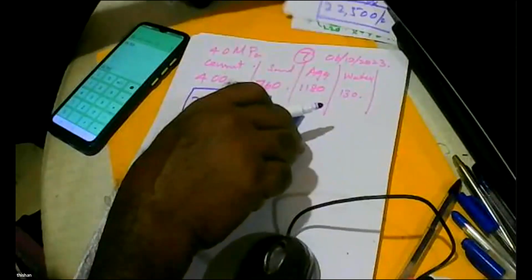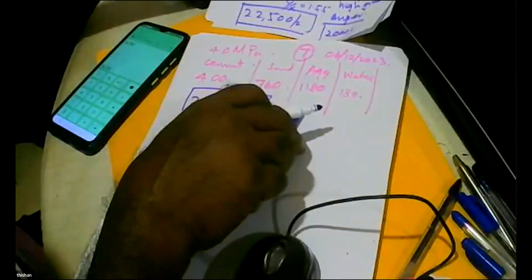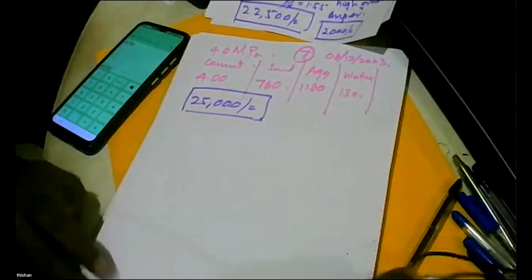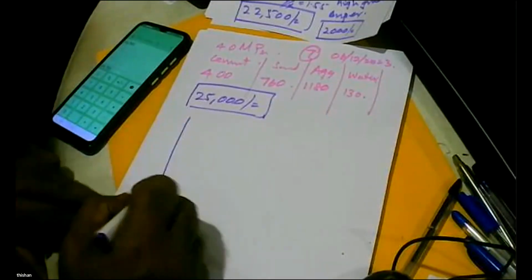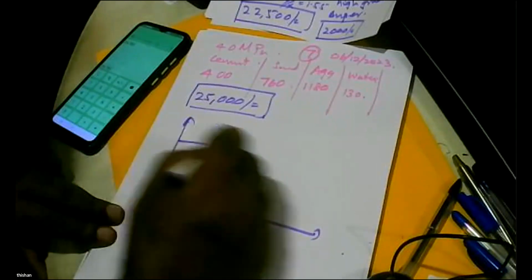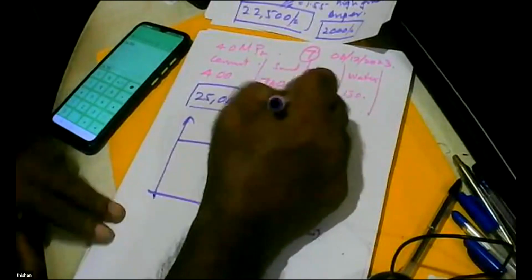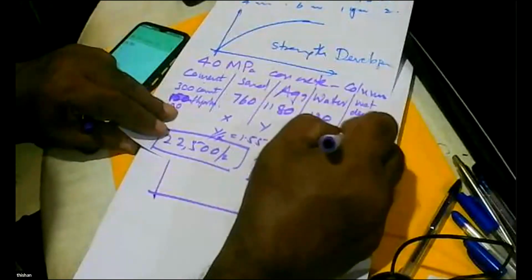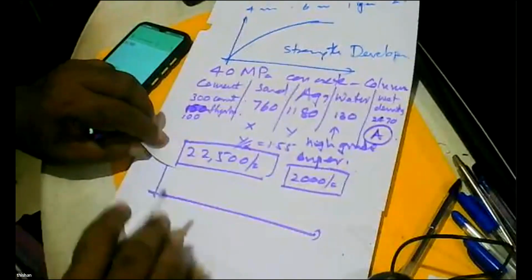Okay, now we have two mixes. One costing 25,000, the other one costing 22,500. Now you use it. What will happen? The strength development curve of this mix B, and this mix A, the earlier mix where I use 100 fly ash.